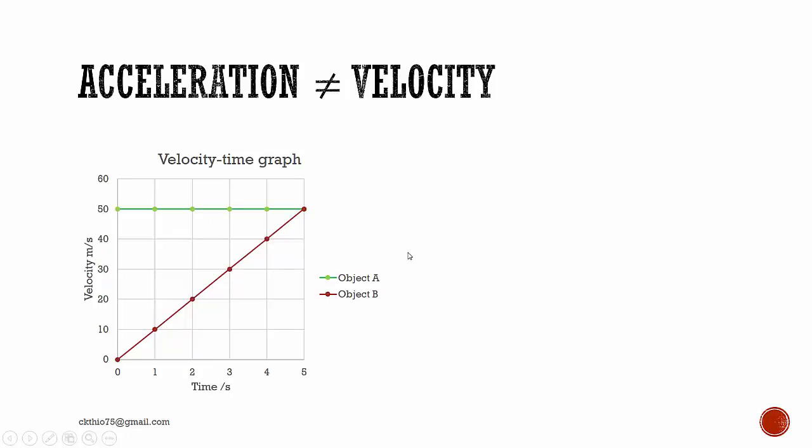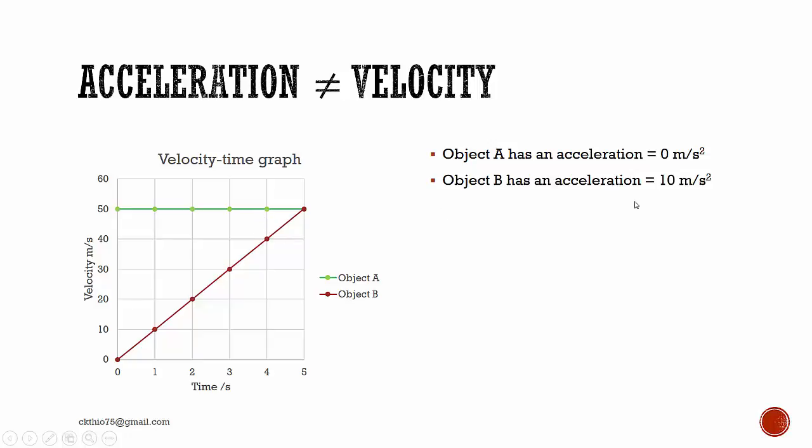Let's use this as an example. You find that object A, which is the green line, has an acceleration of 0. Remember, flat line, the gradient is 0. Object B has an acceleration of 10, because for every 1 second it changes by 10.